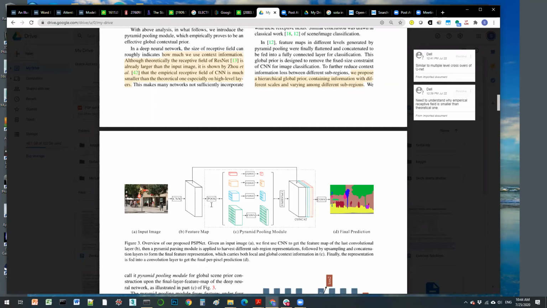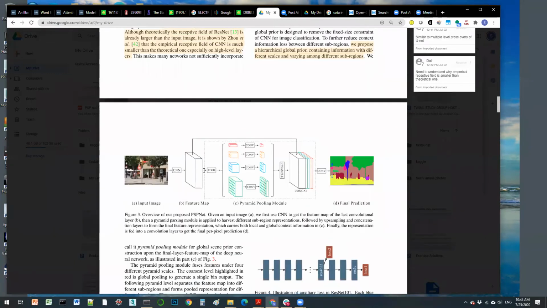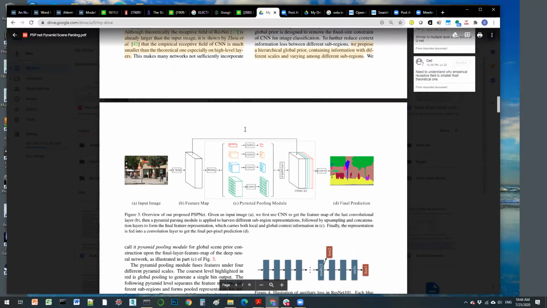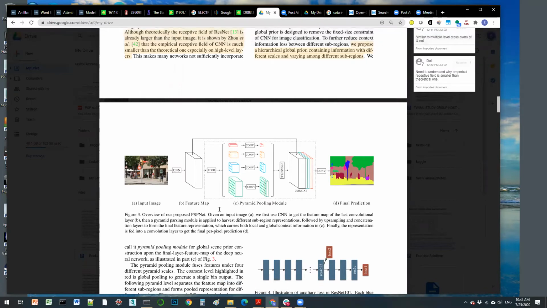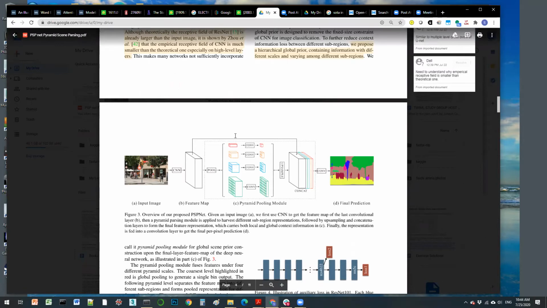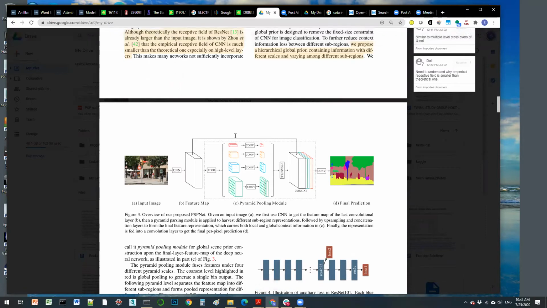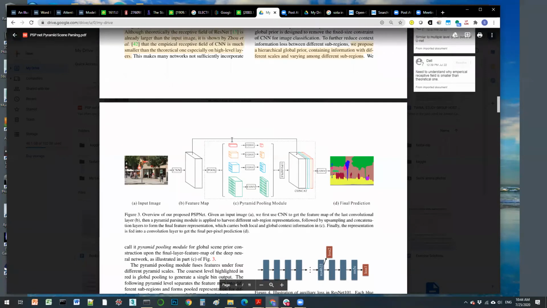Then what you do is you take it through a convolution, and you divide it into 4 kinds of scales. This is the pyramid pooling concept. In this case, n is 4, but you don't have to stick with 4, you can choose 6, 8, or other numbers, I believe.